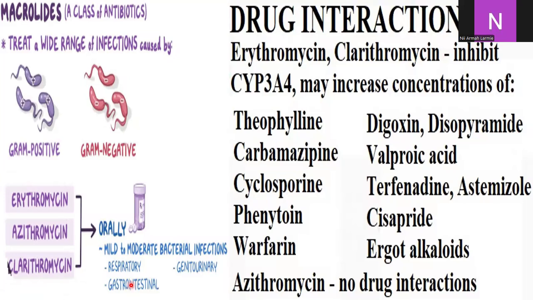Macrolides are usually used for gram-positive organisms. They have some slight activity against gram-negative organisms, but mostly for gram-positive organisms. Typically, erythromycin, azithromycin, clarithromycin are the members of the macrolide group. As we stated earlier, they are identified by the suffix thromycin.